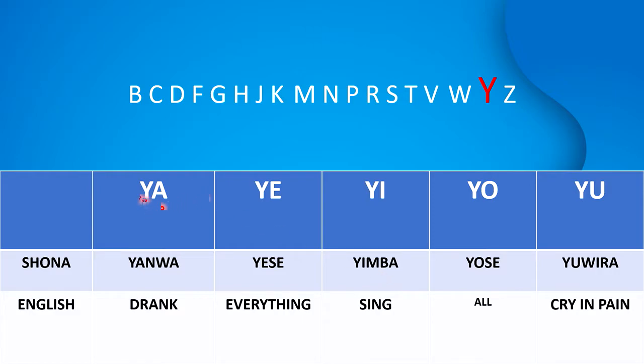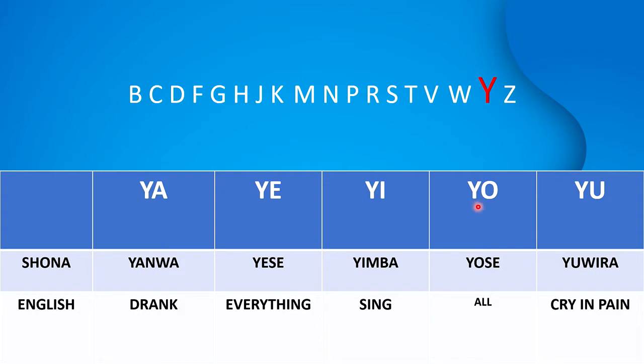Now, combining the letter Y with the Shona vowels, this is how you pronounce it. When you combine Y with the vowel A, it's Ya. With E, it's Ye. With I, it's Yi.